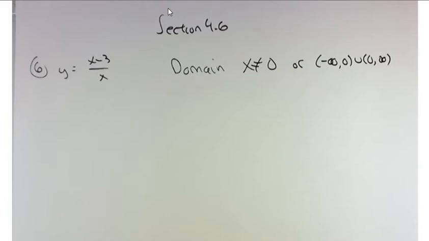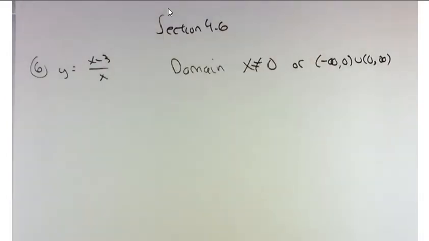Just looking at this function, can anyone tell me one of its features? All right. Top and bottom, they have the same degree here. So what's that mean in terms of... Perfect.